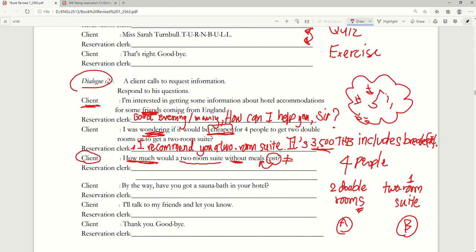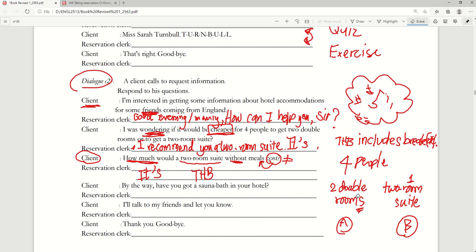It can be 3,000. It's impossible. I'm sorry. Two-room suite, actually, it must be like 8,000.